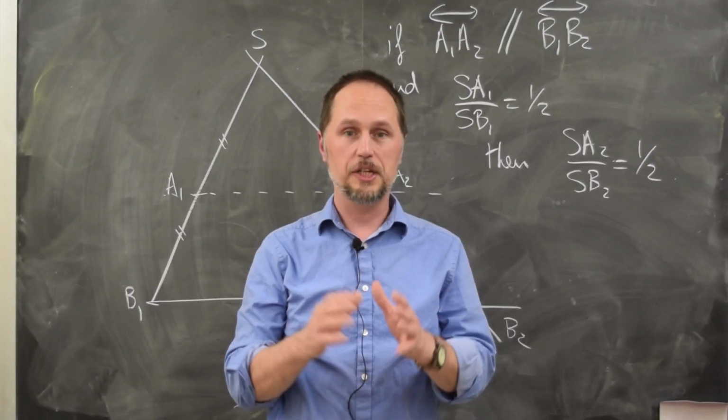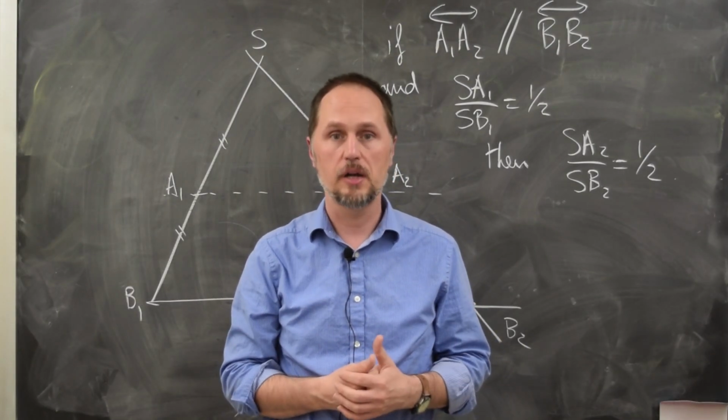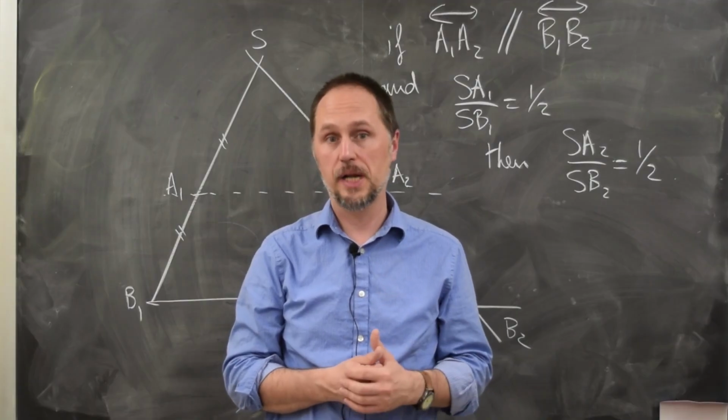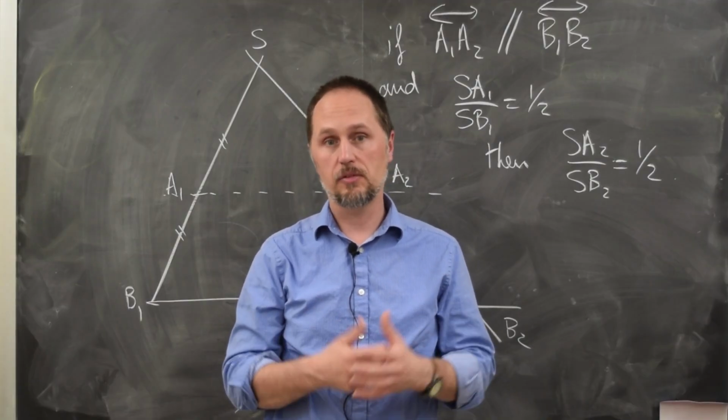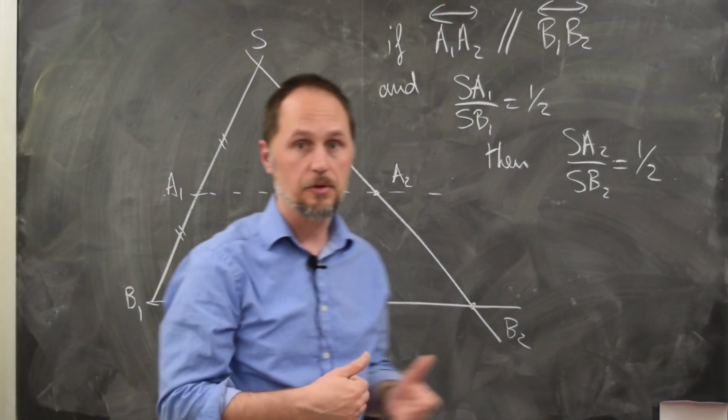So now we've just finished that first piece of our proof outline of our strategy for how to prove that basic proportionality theorem, also known as one of the theorems attributed to Thales, or the Intercept Theorem.